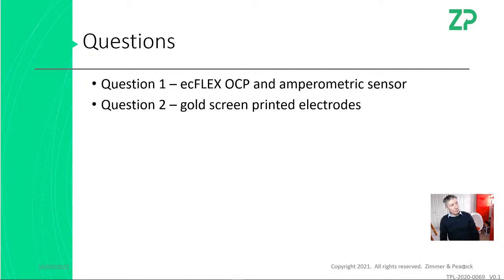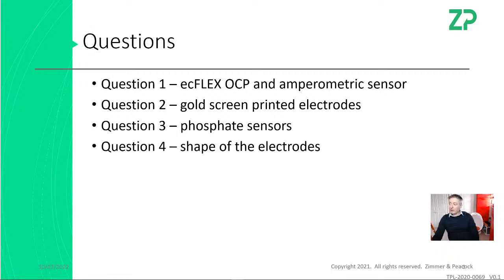I'm going to talk about screen printed electrodes in general and touch upon the fact that gold prices are really escalating and spiraling at the moment. I'm really thinking this is not something that's going to change. We had an inquiry about phosphate sensors. We'll talk about the hardware and the electronics for that. And then finally, we had a nice one here, the shape of electrodes. There's a lot of different screen printed electrode shapes out on the market. Is it really necessary to have all these shapes? And we'll discuss that as well.